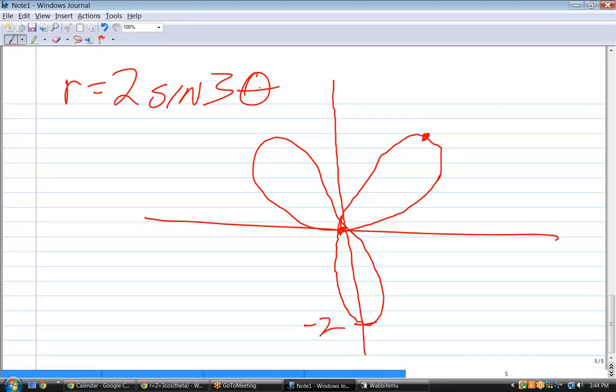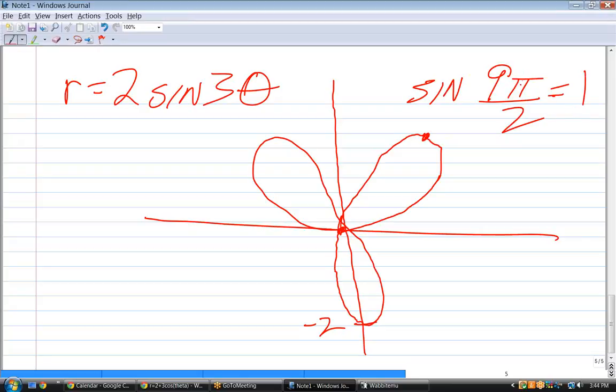In other words, when I let theta equal 3 pi over 2, then I'm taking the sine of 9 pi over 2, which is the same as the sine of... this must not be minus 3 pi over 2 here. Oh, yes it is. Excuse me. The sine of 9 pi over 2 is 1.